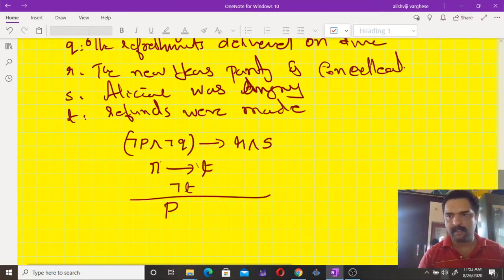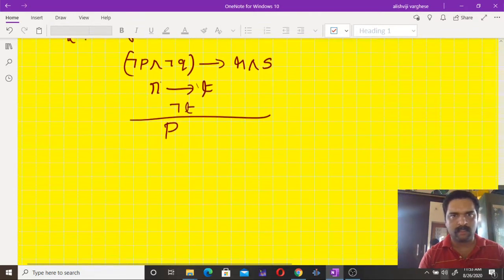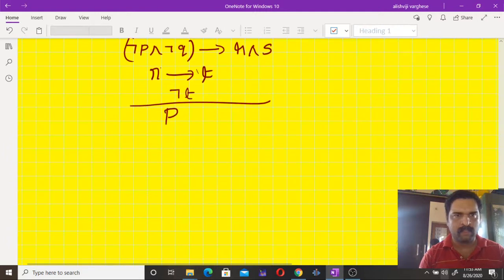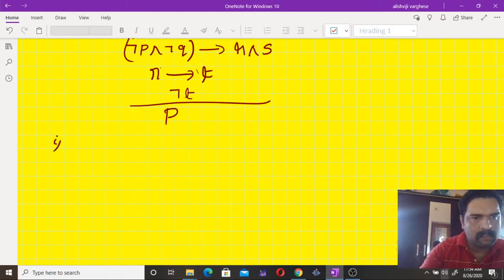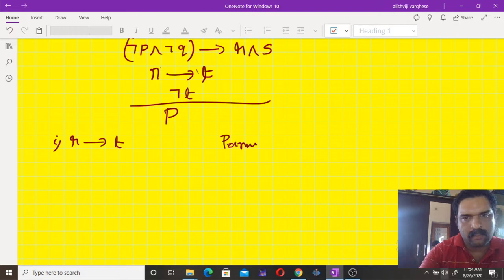So we have three premises and one conclusion, and we have to check whether this is a valid argument or not. So we start with a simple premise: R implies T. Obviously it is our premise. Then the second one is negation T, which is again our premise.